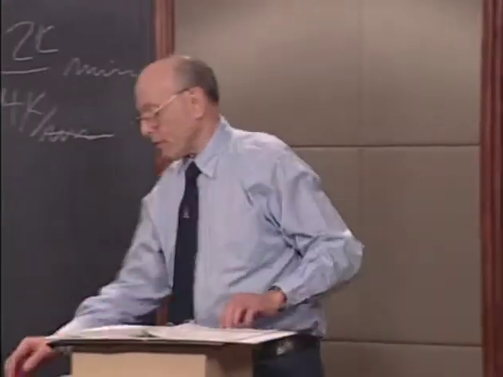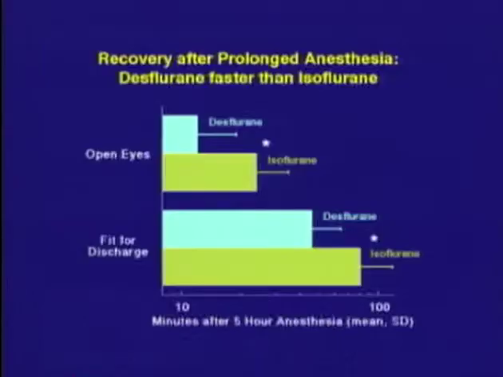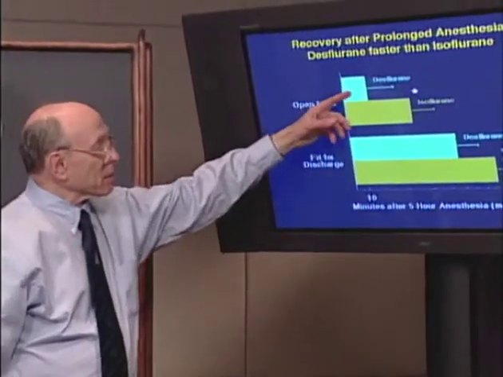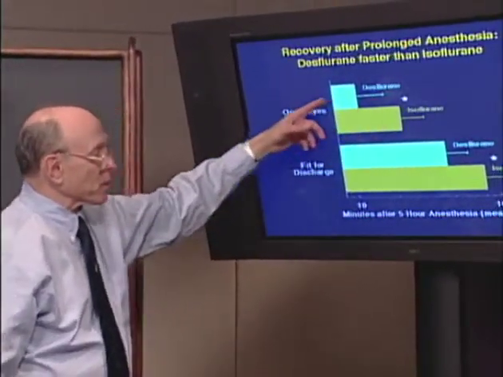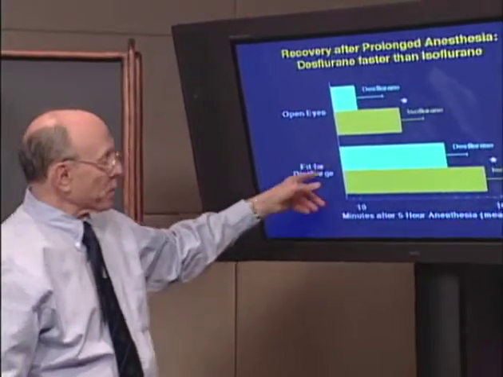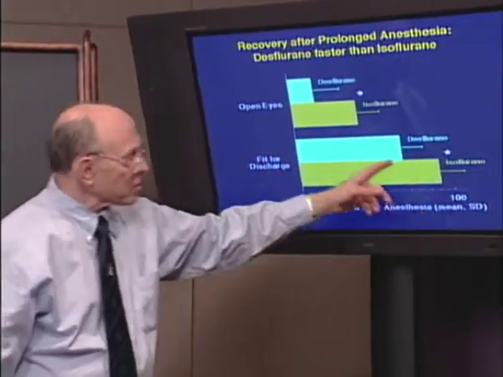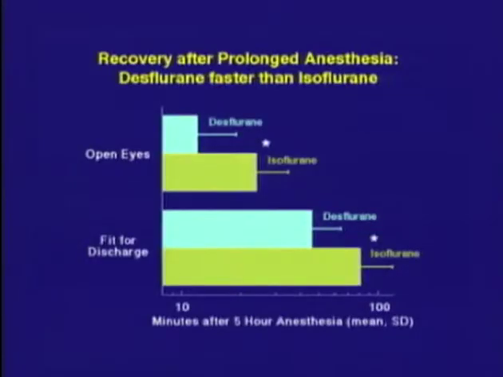Let's see about recovery after long anesthesia. So here's a prolonged anesthetic. This is a 5-hour anesthesia with desflurane as compared to isoflurane. Notice that the difference between these two seems to have increased. The difference in terms of fit for discharge is now almost 40 minutes between desflurane and isoflurane. So things get longer.